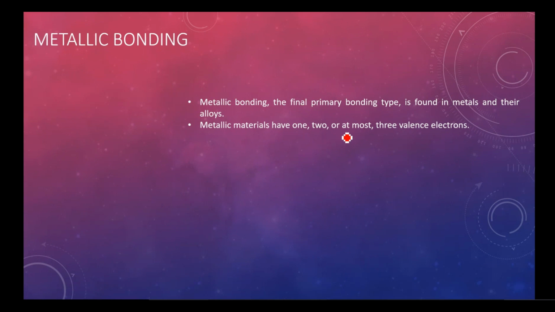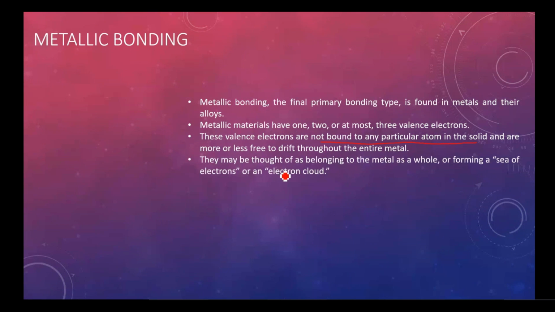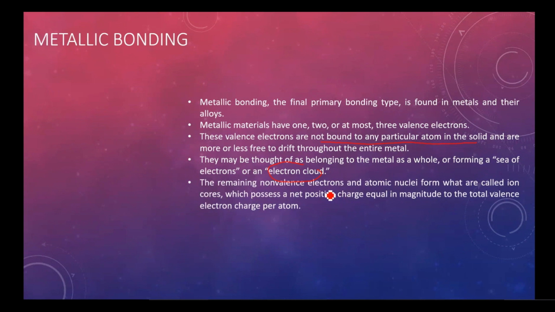Metals have one, two, or at most three valence electrons, and these valence electrons are not restricted to any particular atom in the solid, and they are more or less drifting through the entire material. You refer to this drifting of electrons through the material as the electron cloud, or the sea of electrons.